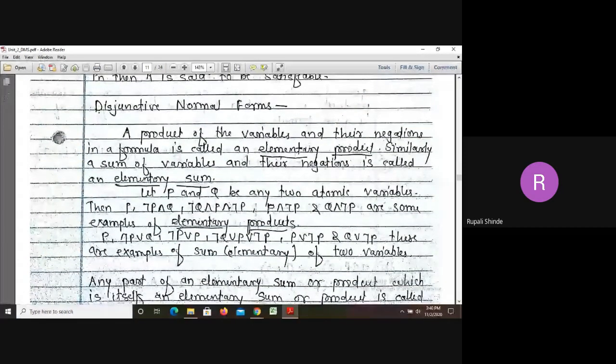So check here, P, the second one is negation P or Q, negation P or P, negation Q or P or negation P, P or negation P. Here all these are connected together by this OR symbol. That's why this is called an elementary sum.